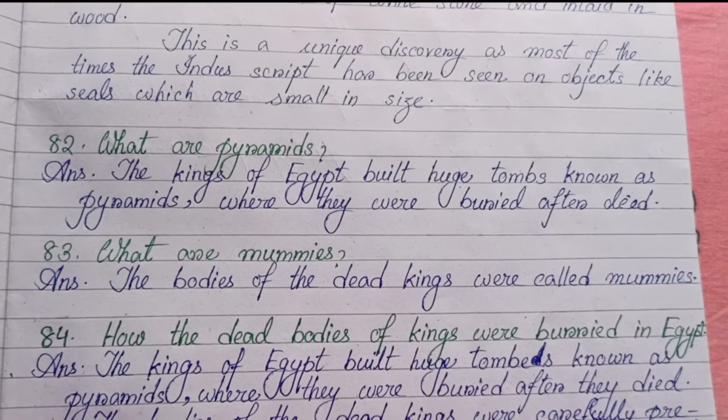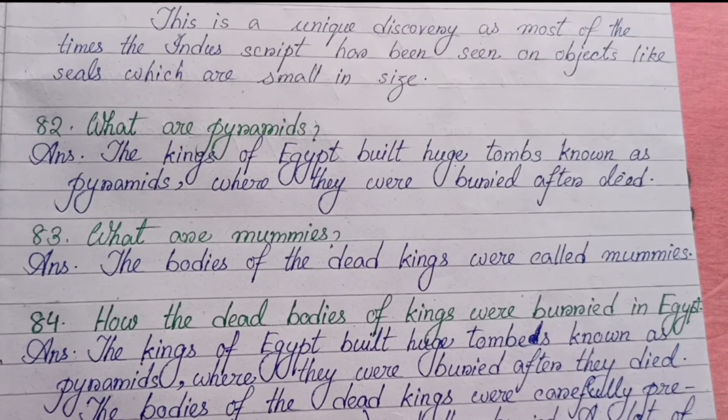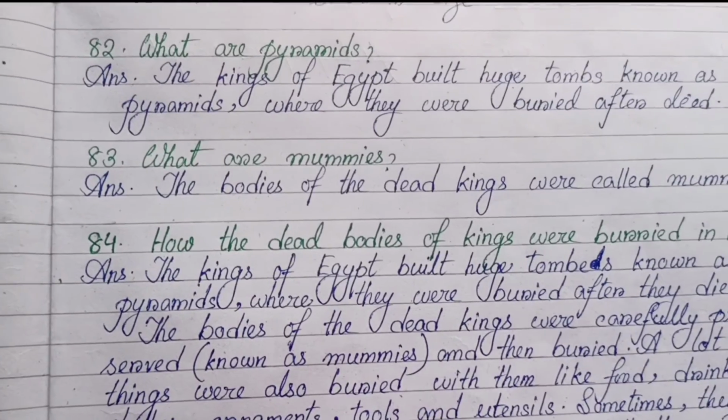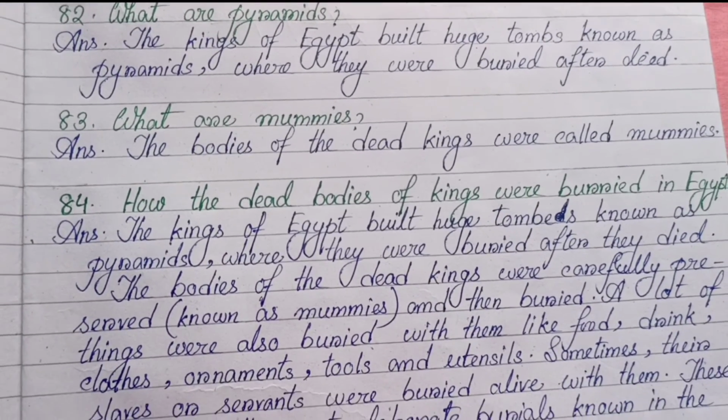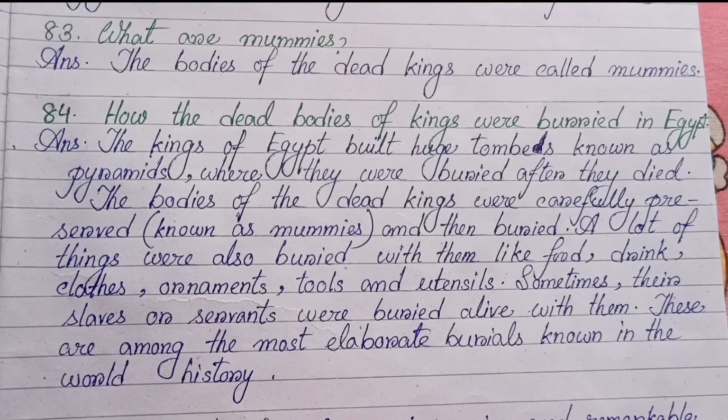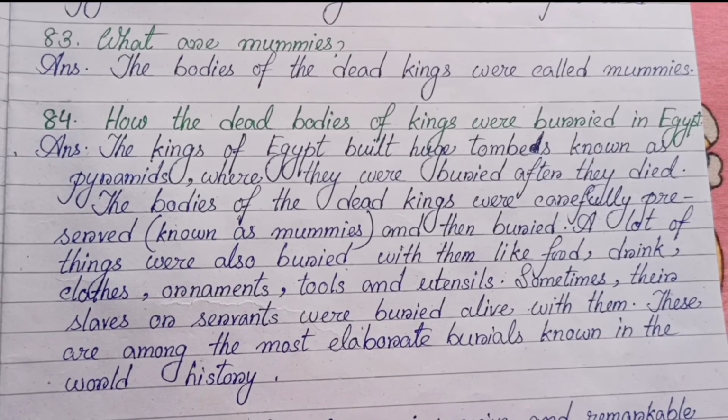What are pyramids? The kings of Egypt built huge tombs known as pyramids where they were buried after they died. What are mummies? The bodies of dead kings were called mummies. How were the dead bodies of kings buried in Egypt?